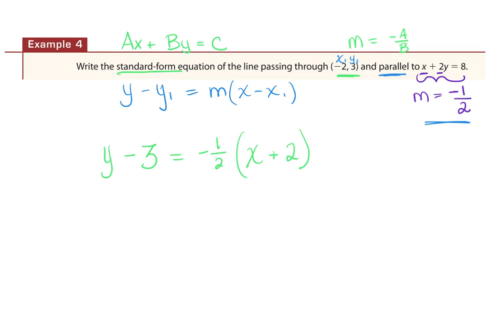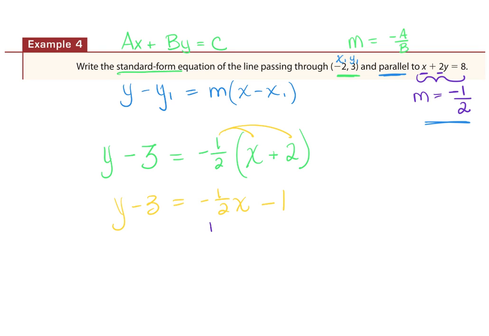Standard form means I move all of my x's and y's over to the left-hand side and I move all my numbers over to the right-hand side, okay? So I am going to distribute to get it out of the parentheses there. So I have y minus 3 over here, -1/2 x, -1/2 times +2 is -1. I need that x over to the other side, and I need that -3 over to the other side.